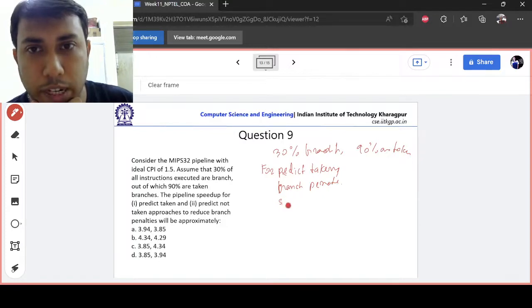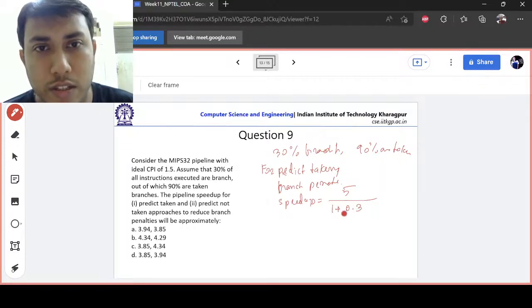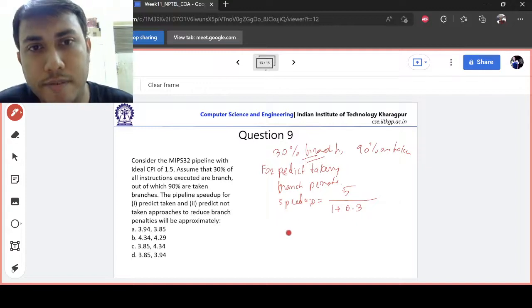So speed up will be 5 divided by 1 plus 0.3, because for the branch taken.